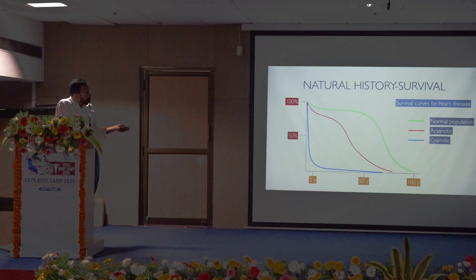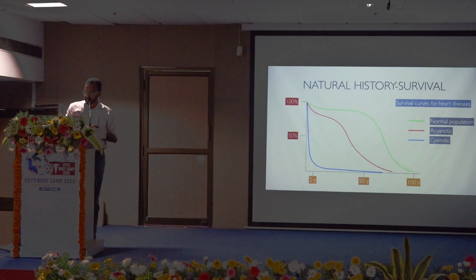Acyanotic heart diseases linger on till around the third decade, and then there's a rapid fall in survival. By around 60 to 70, almost all acyanotic heart disease patients perish.